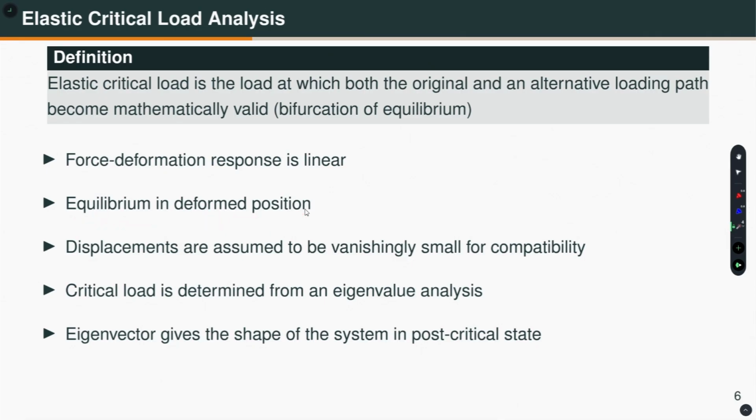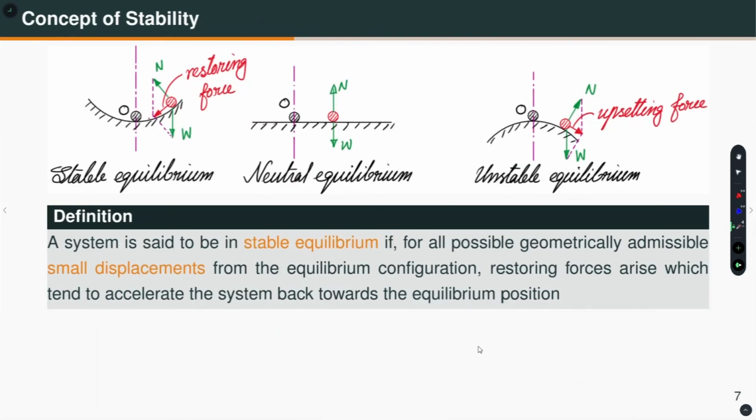So, RS relationships are nonlinear, but the displacements are assumed to be vanishingly small for compatibility. That means the VR relationships are all linear. So, we determine the critical load using an eigenvalue analysis, and the eigenvectors give us the shape in the post critical state.